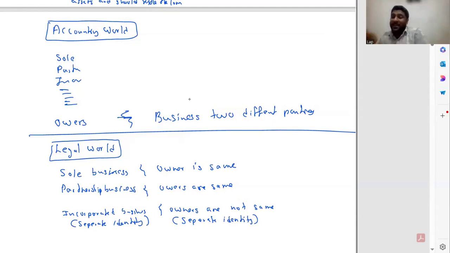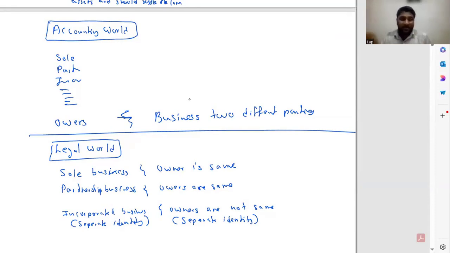Owners will have separate identities, business will have separate identities. That's what I told you people. Manji is an incorporated business. Owners will have a separate identity, the business is a separate identity. In the legal system, it is considered as a different person.